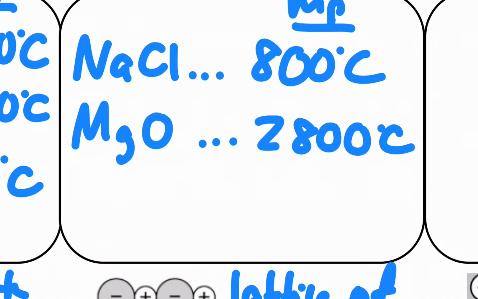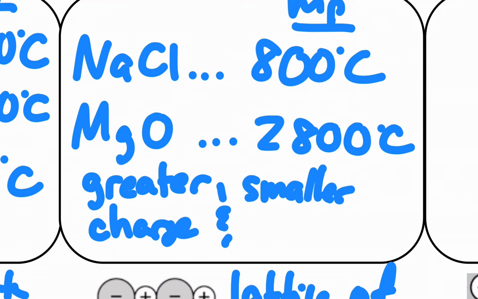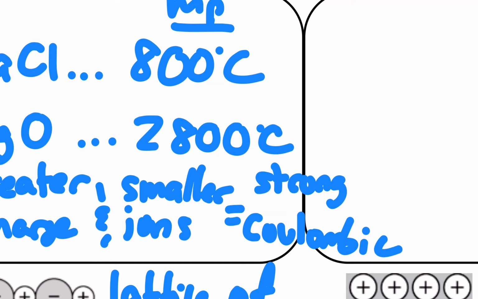Number one, the greater the charge, and number two, the smaller the ion. You put those together, you get a strong coulombic force of attraction.